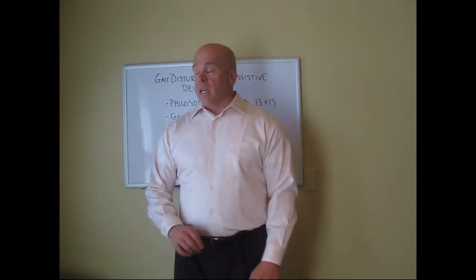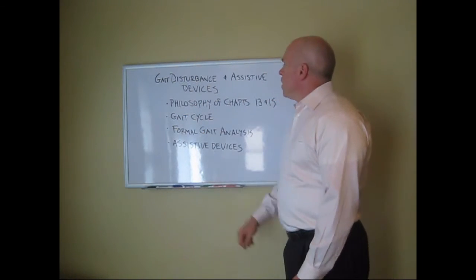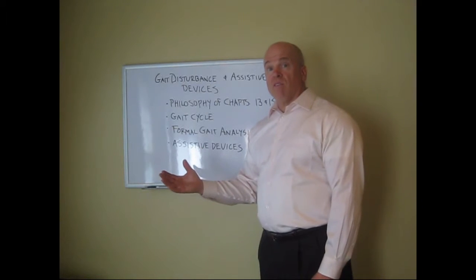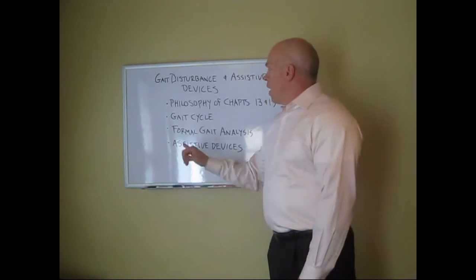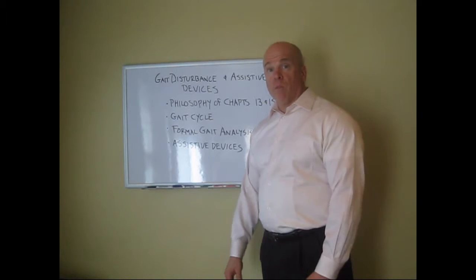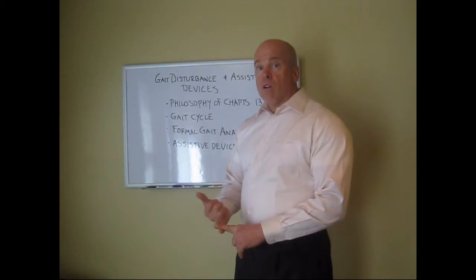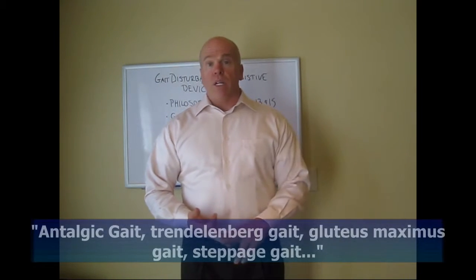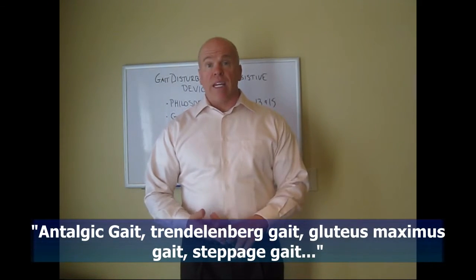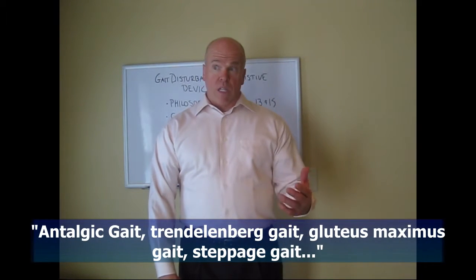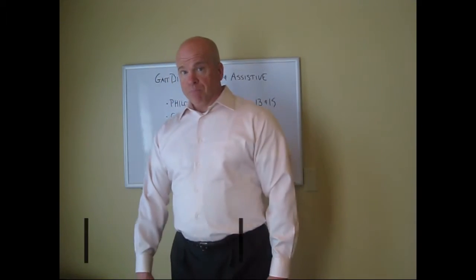And in this discussion, we'll also go over some of the causes of gait disturbances, and we'll describe many of the named gait signs that we're familiar with, such as Antalgic gait, Trendelenburg gait, gluteus maximus gait, festinating gait, and many other types of gait disturbances that we see in the industrial setting.